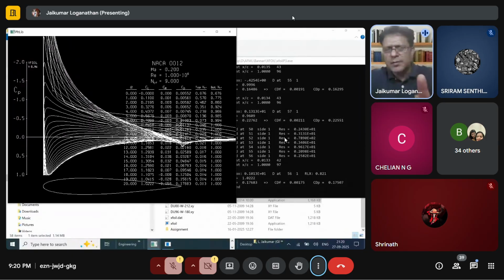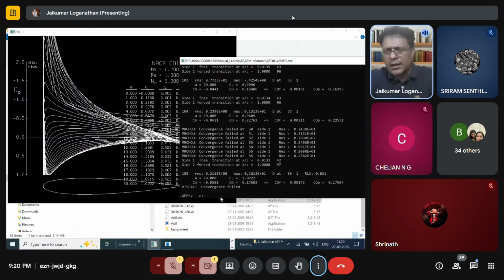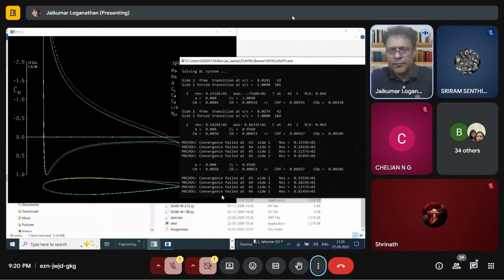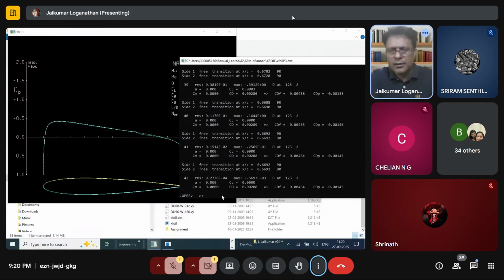Now the solution in the memory of XFOIL is around 20 degrees. So if you immediately run 0 degrees, it might fail. So you may have to go in steps. Alpha 10, and then I'll go to alpha 0. Right? So now we are at 0 degrees.